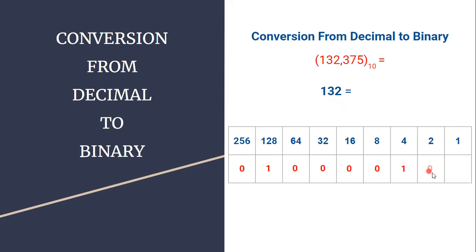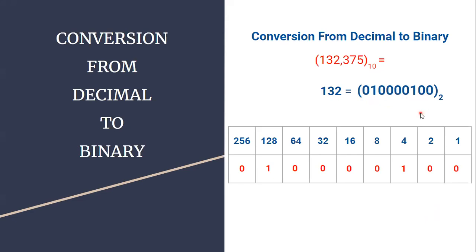So I'm okay now. I don't need 2 and I don't need 1. So the result is 0, 1, 0, 0, 0, 0, 1, 0, 0. This is the representation of 132 in a binary way.